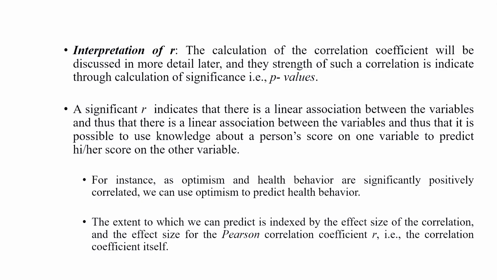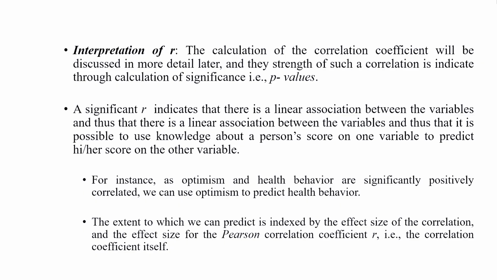So, maybe what comes out of this is more optimistic people follow more healthy habits. Good. However, the extent to which we can predict this is indexed by the effect size of the correlation, 0.40, 0.50, 0.60 and so on, which is the value of R.